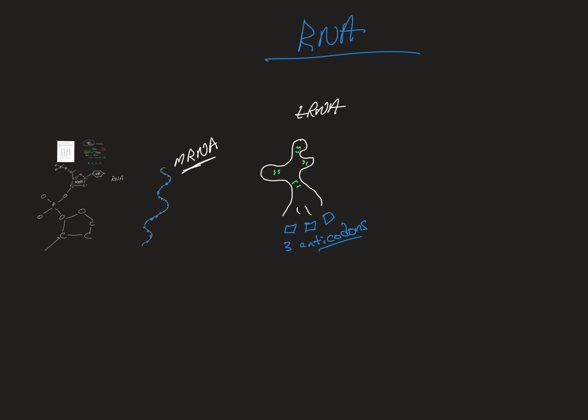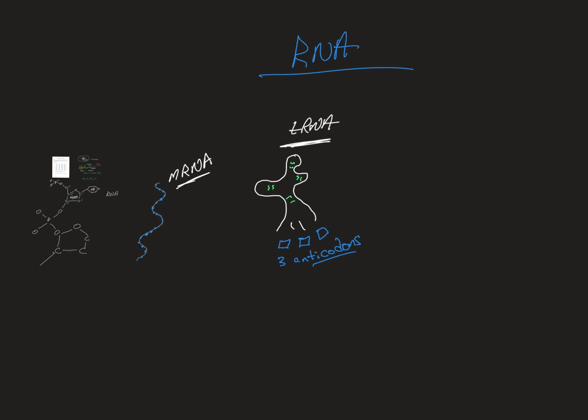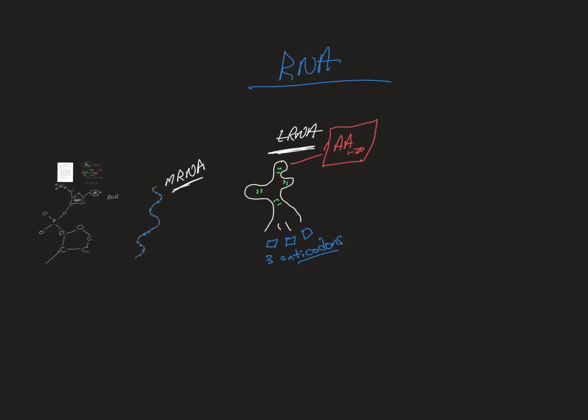RNA that is folded because of hydrogen bonding between the nucleotides, we call it tRNA. And what they do is they carry an amino acid. Remember, there are 20 different amino acids. There are many different tRNAs that carry the 20 amino acids.